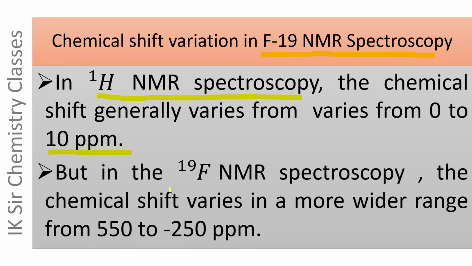But in the F-19 NMR spectroscopy, the chemical shift varies in a more wider range from plus 550 to minus 250 ppm. This is much more wider range than 0 to 10 ppm, which is chemical shift in the case of PMR spectroscopy.